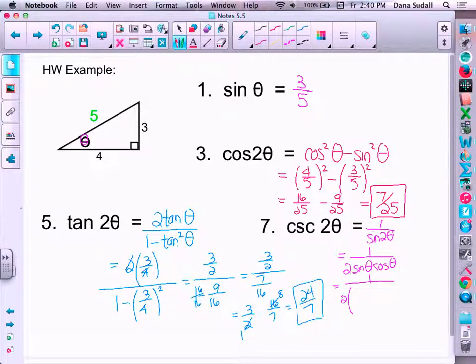Sine for theta is 3 over 5. Cosine for theta is 4 over 5. If I multiply this fraction, I still have 1 in the top. I'm going to have 6 times 4, so that's 24. Bottom times bottom times bottom will give me 25. And 1 over 24 fifths is just 25 24ths.